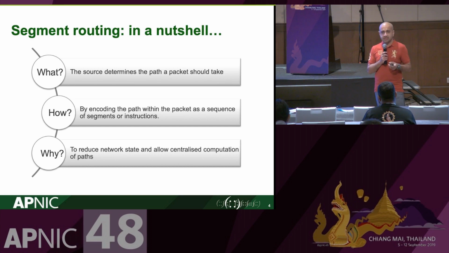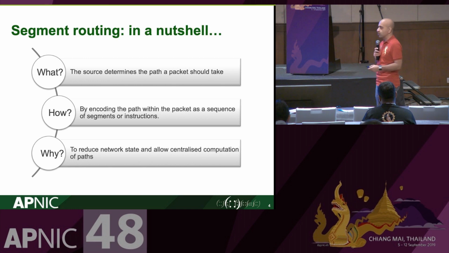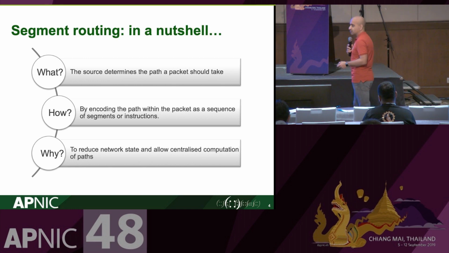Having a central controller that has visibility of the entire network means that it can make more optimal decisions that it can pass down to the routers, which they can then use as paths within the network. So that's what segment routing is, right? Three things, so keep that in mind. Even if you don't understand the rest of the presentation because I've gone too fast or there's too much material, the thing you've got to take out of this is that it's a new routing paradigm. It uses source routing.